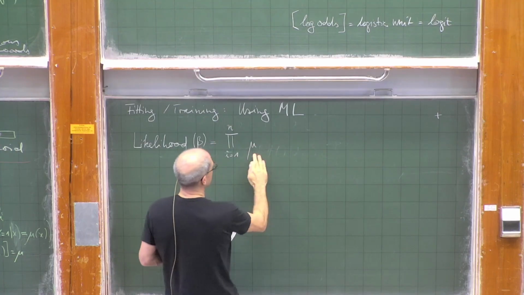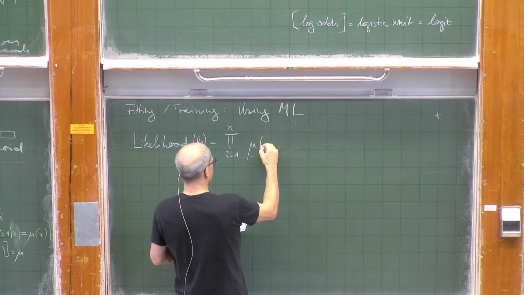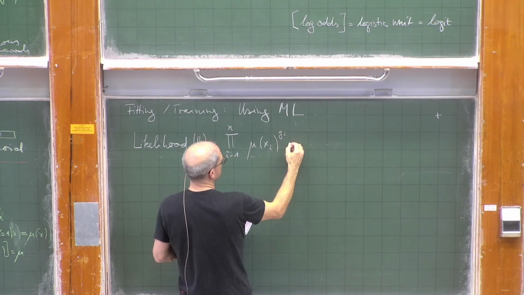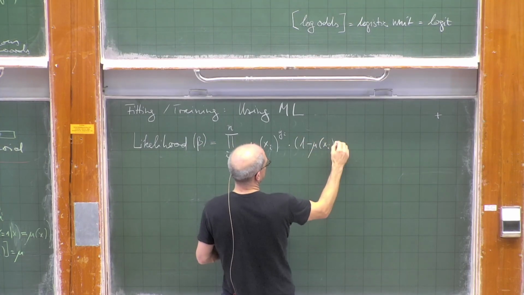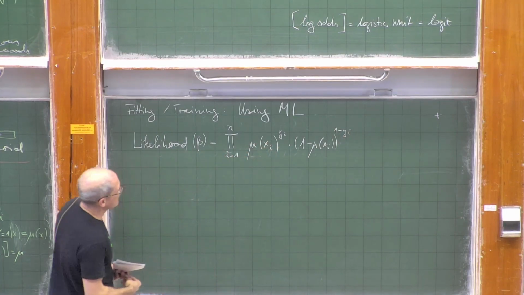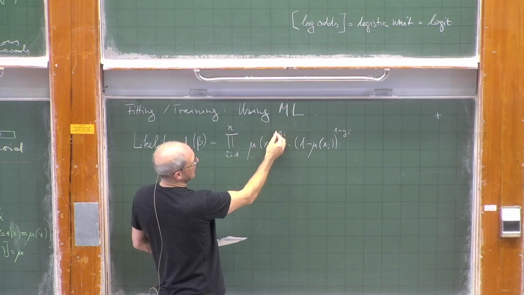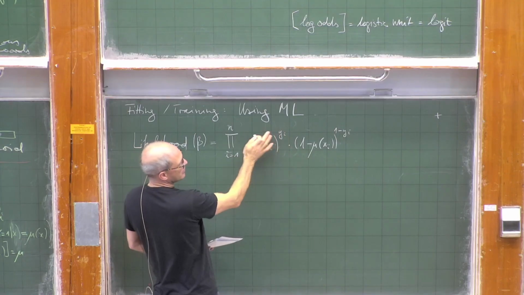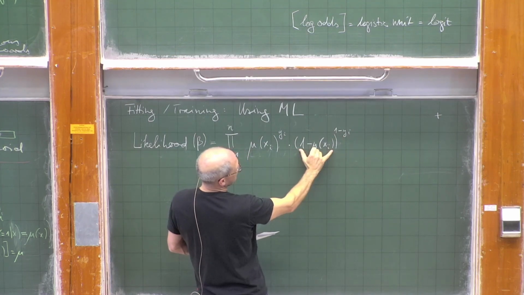And now, using this convention that our classes are 0 and 1, okay, what do we have here? So if the true class label is 0, then we have something to the power of 0, and this is just going to be 1. And then we're going to be left with this term here.